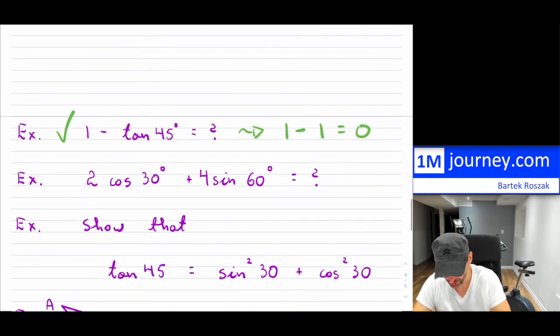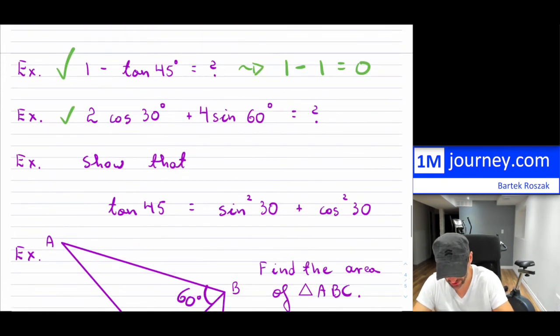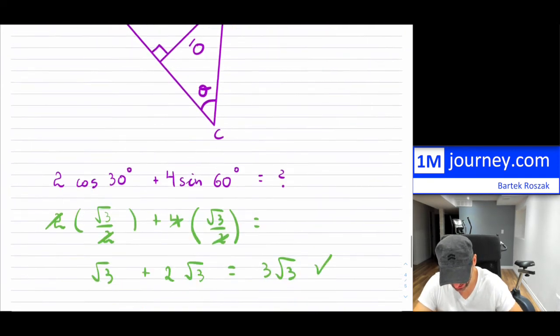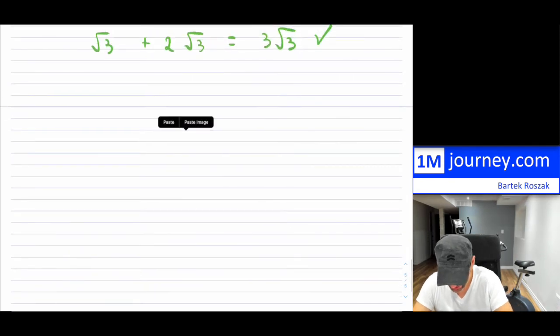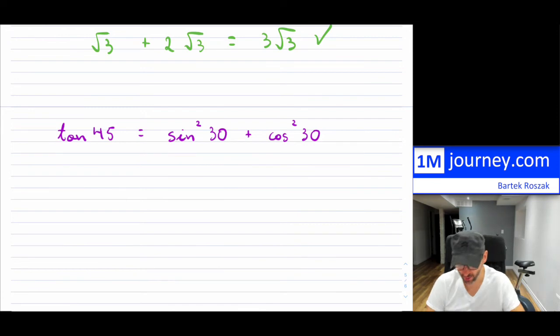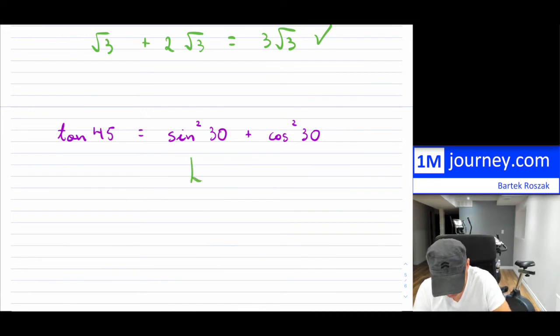Now here's another one, where it says show that this, and you may remember this from grade 10. I want to post this up here. By the way, if you've forgotten, when you write sine, cosine, or tangent, then write squared and then put the angle in, this means you are squaring the sine value.